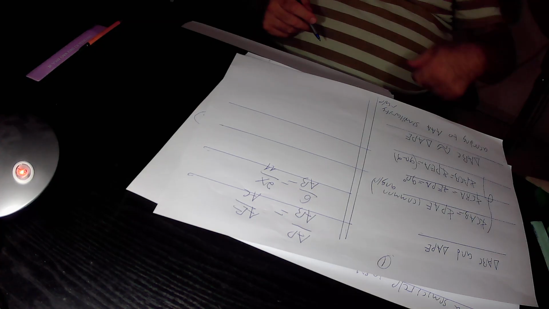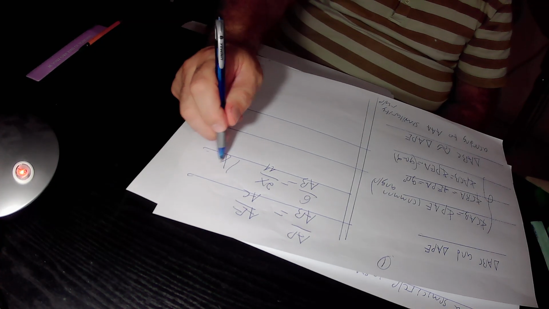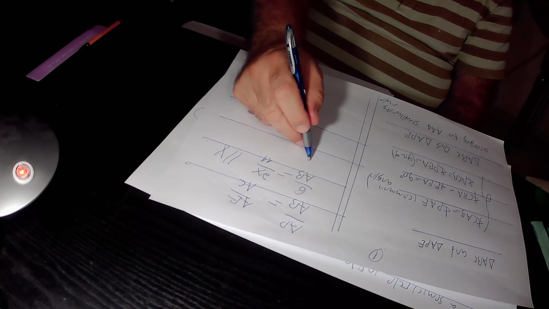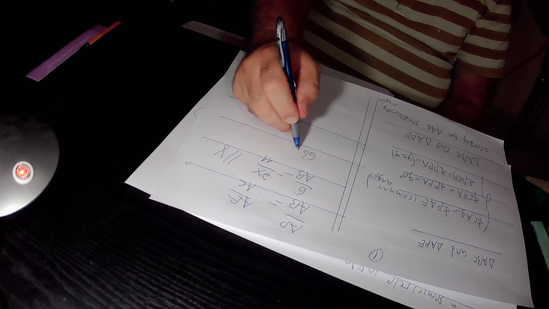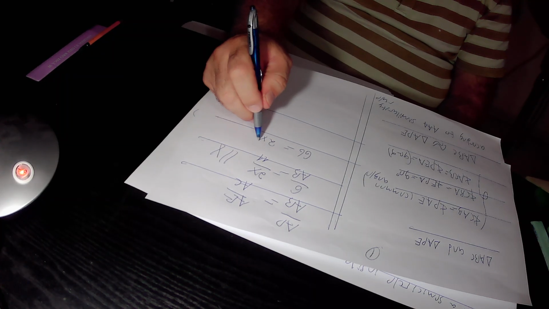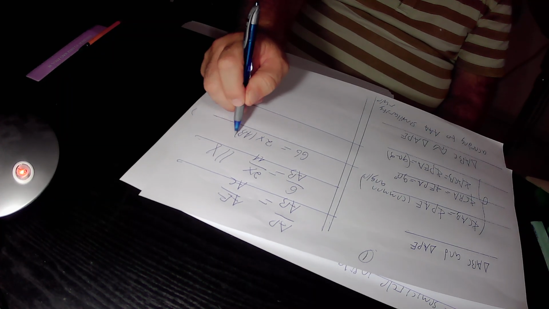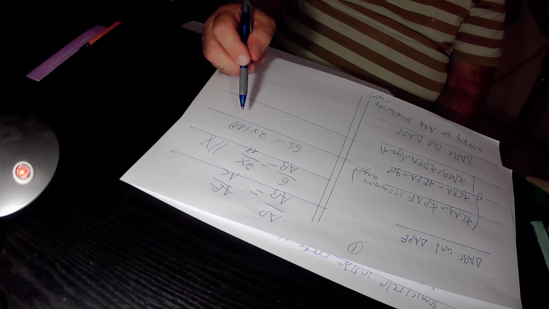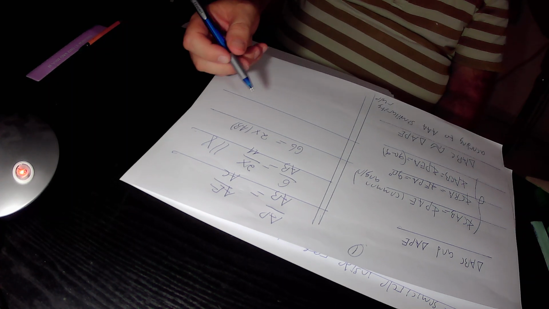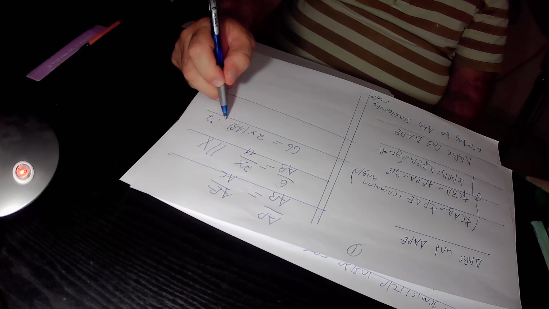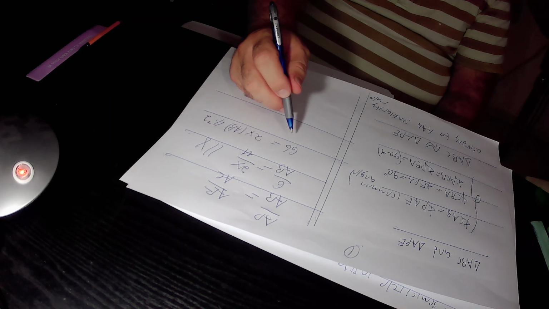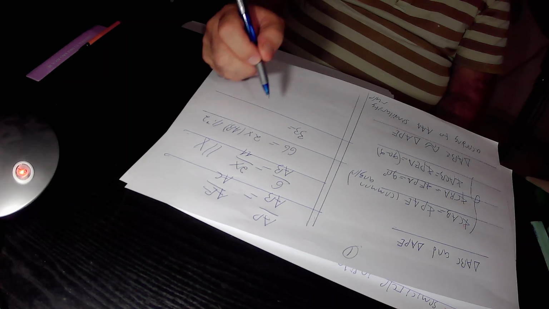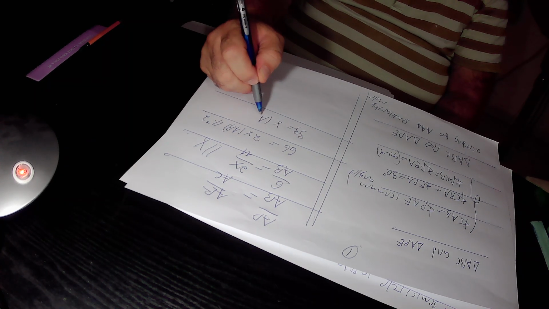Here we will cross multiply this equation and we get that 6 times 11, that is 66, is equal to 2x times AB. Here we will divide this equation by 2 and we get that 66 over 2, which is 33, is equal to x times AB.